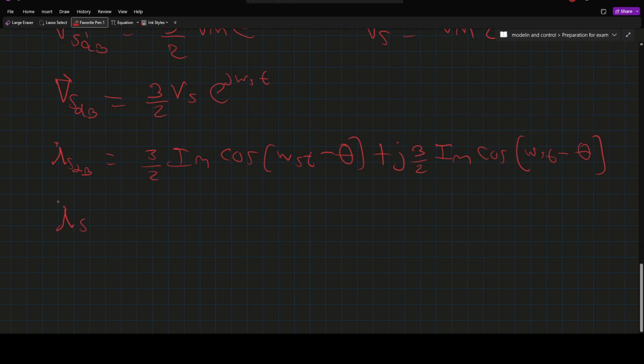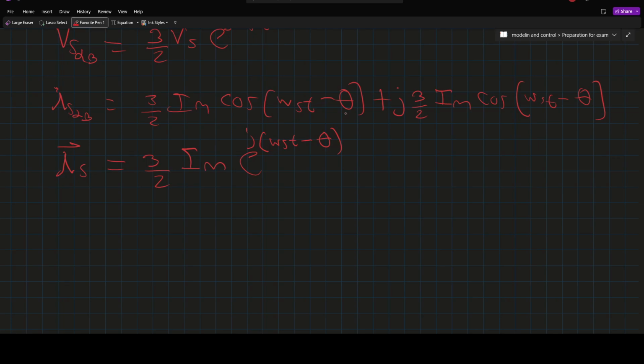So we are gonna get our is equal to 3 halves Im e to the j omega st minus theta. And we know that this is the same as having 3 halves Im e to the minus j theta times e to the j omega st. And we are gonna say that capital Is is equal to Im e to the minus j theta.